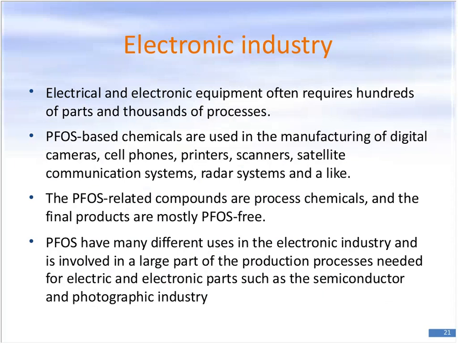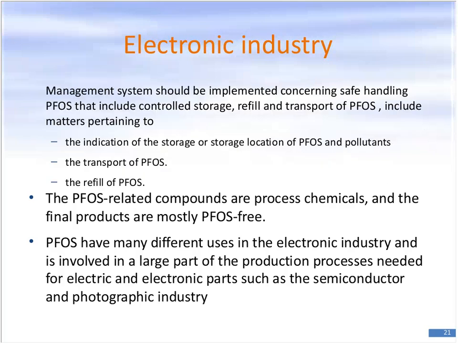PFOS-related compounds are processed chemically, and the final products are usually PFOS-free. PFOS have many uses in the electronic industry and are involved in a large part of the production processes needed for certain parts, such as the semiconductors and the photographic industry.